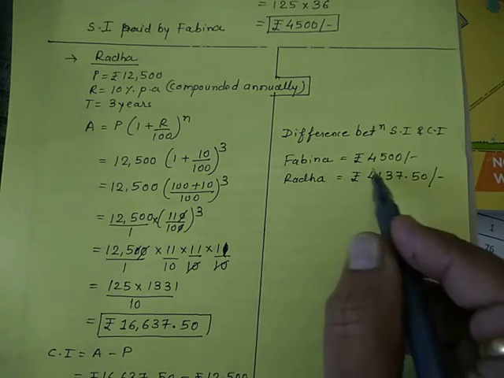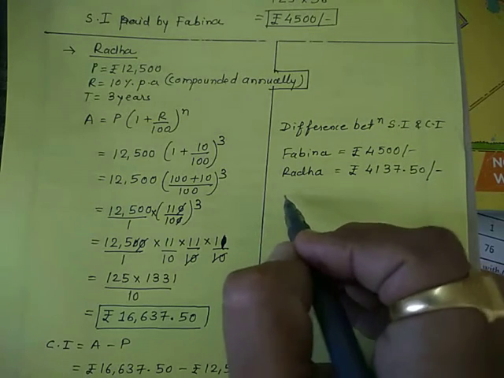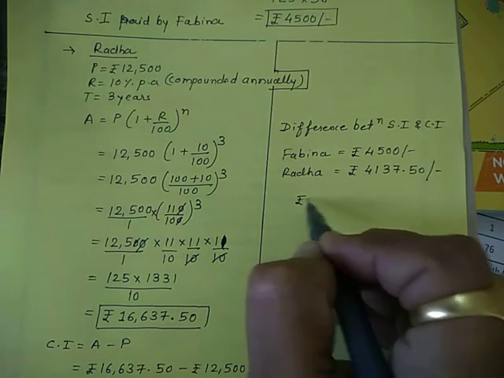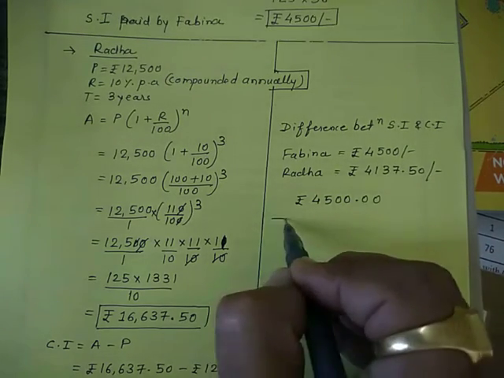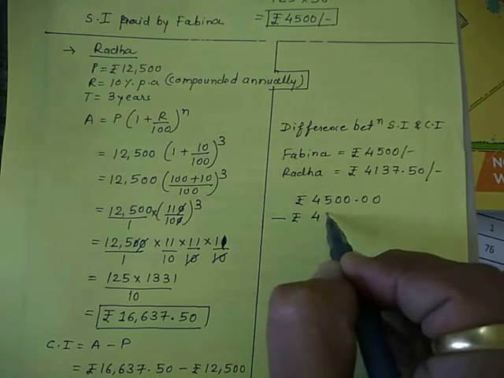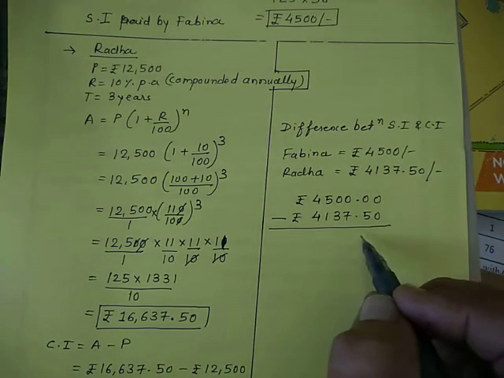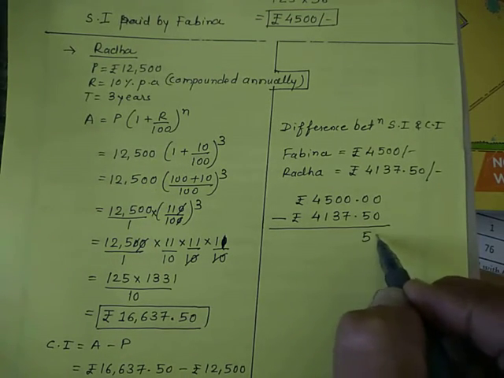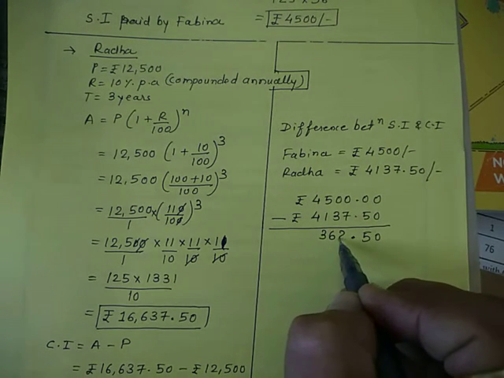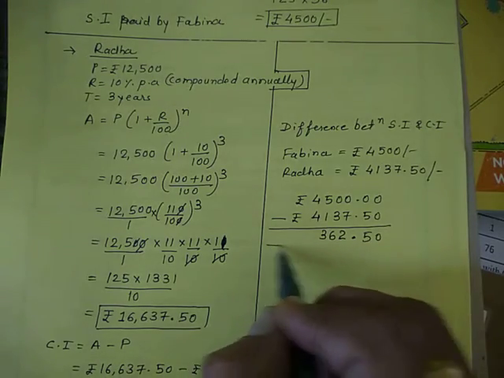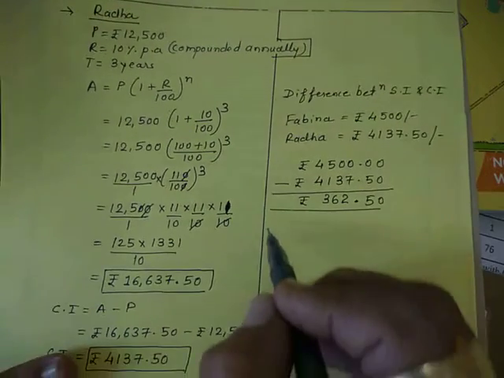So by subtracting, we will get the difference. The difference will be 4,500.00 minus 4,137.50. If I do the subtraction, I will get some amount that will be 362 rupees, 362.50.